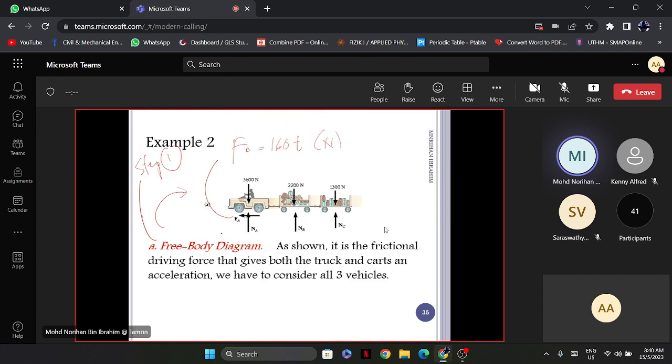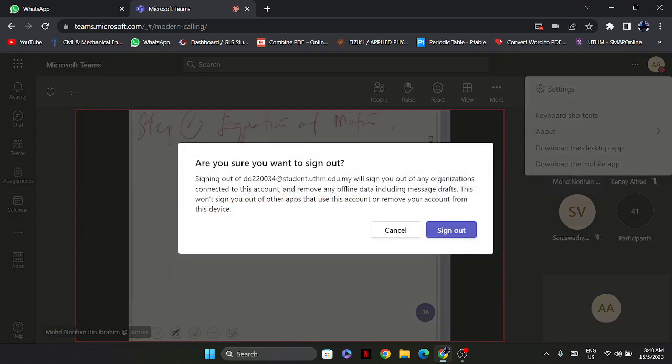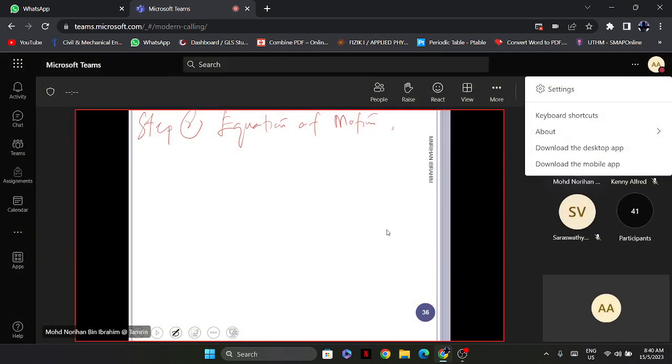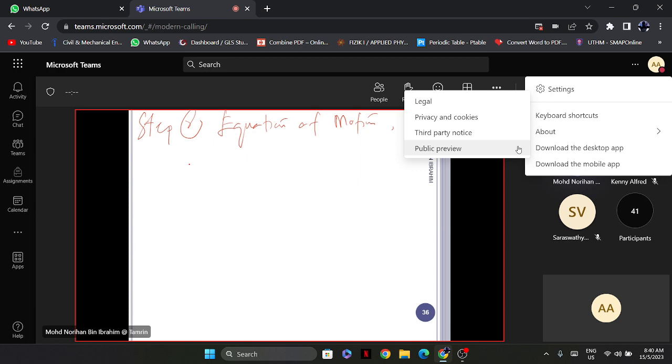It shows that this truck A moves to the leftward. So we can use the positive sign convention to the leftward as positive. Let's say equation of motions, sum of Fx is equal to m ax, positive to the leftward.